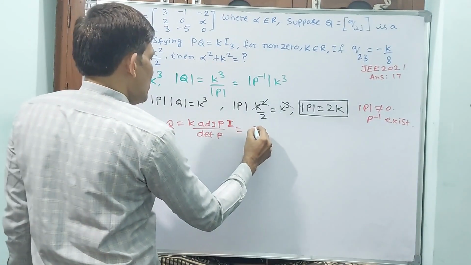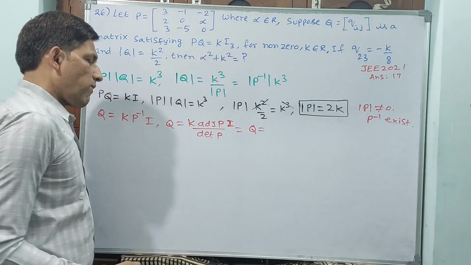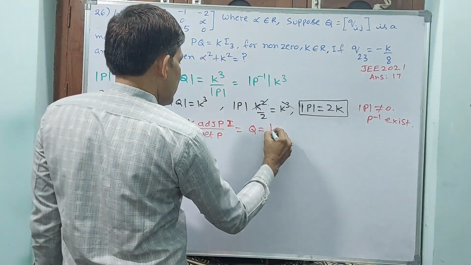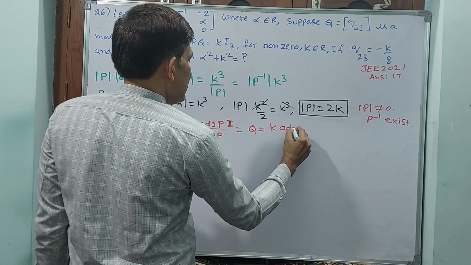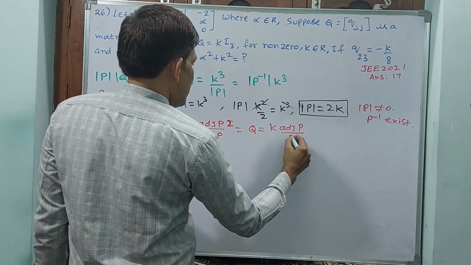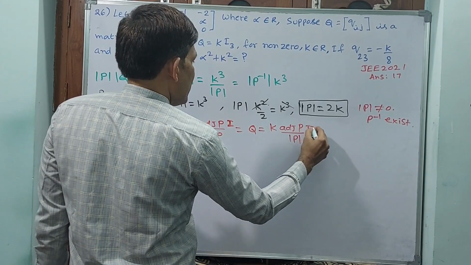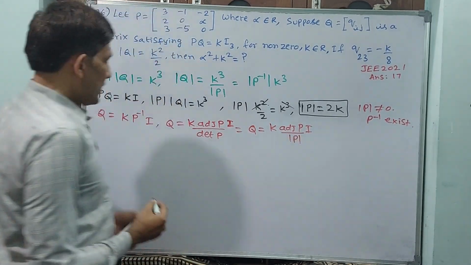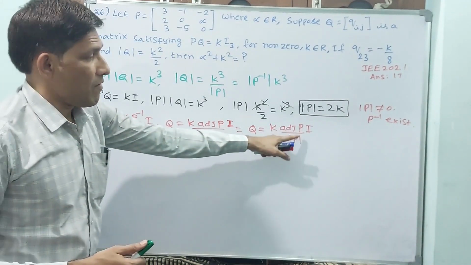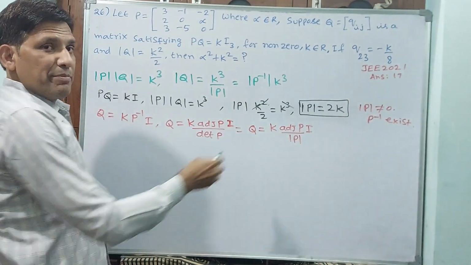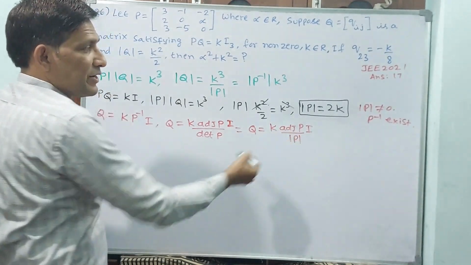Now you see, Q is equal to K into adjoint P by determinant P into I. Now we find this P inverse. By finding the P inverse, automatically you are going to find adjoint P and determinant P, all.